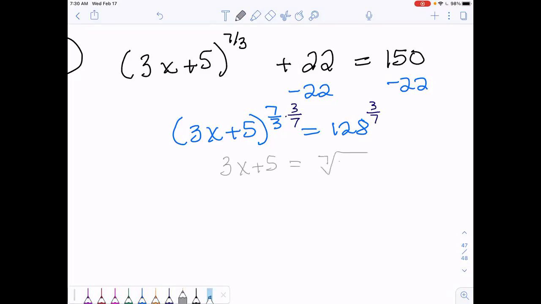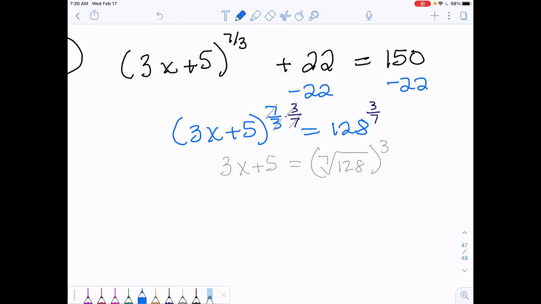Excellent. So the 7th root of 128 and then to the 3rd. And remember, the exponents cancel because 7/3 and 3/7 are reciprocals and cancel each other out. So we're left with 3x plus 5 and then the 7th root of 128 cubed.